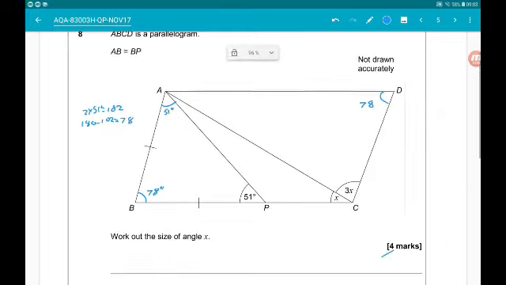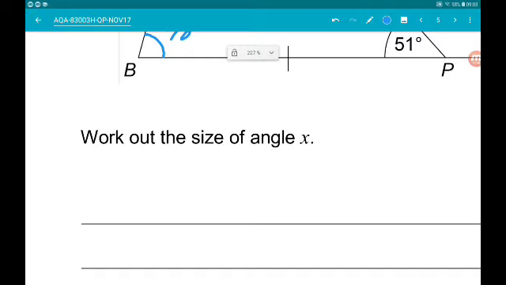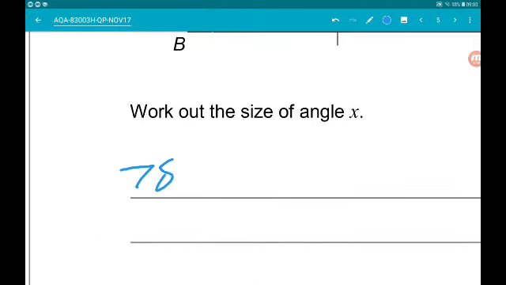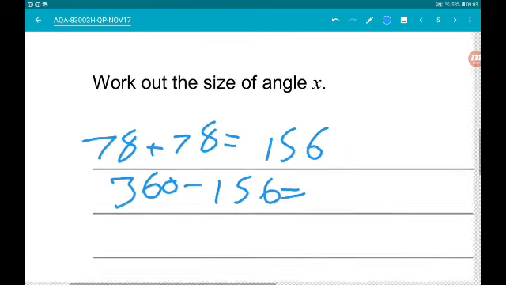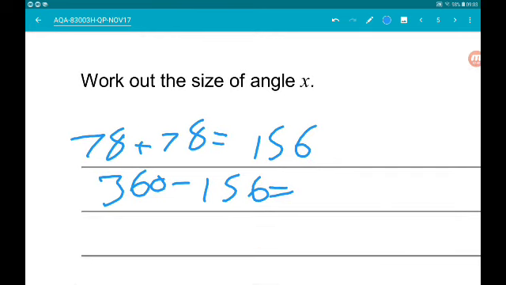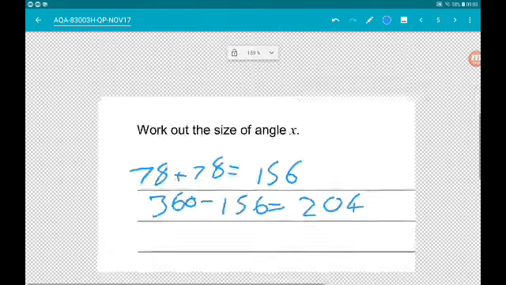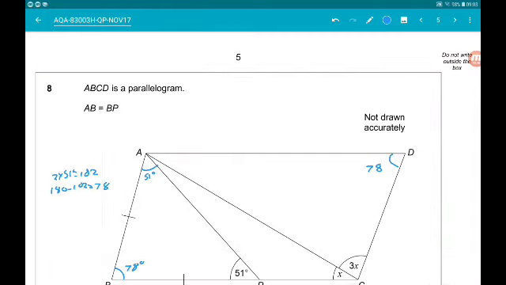So if we do 78 add 78, we get 156. Now if we do 360 minus 156, we get 204.